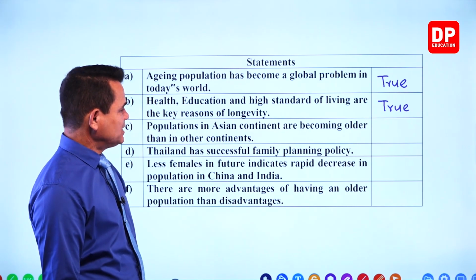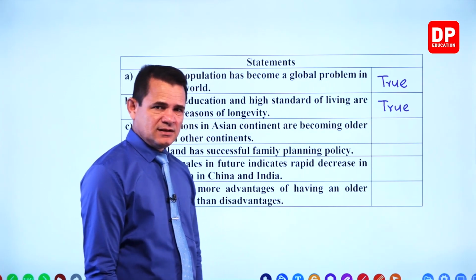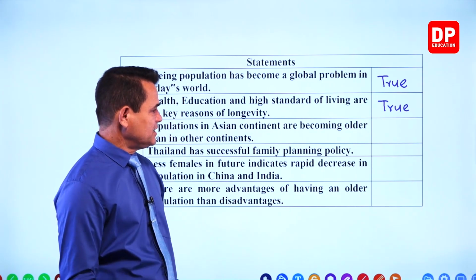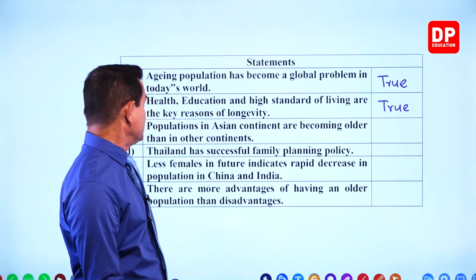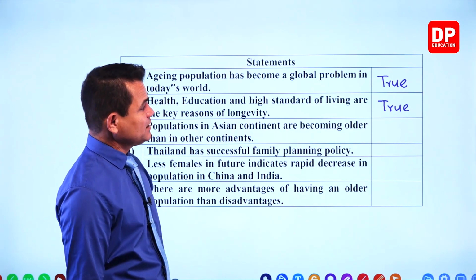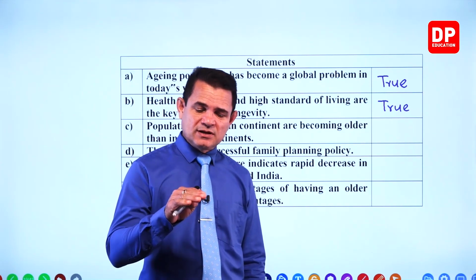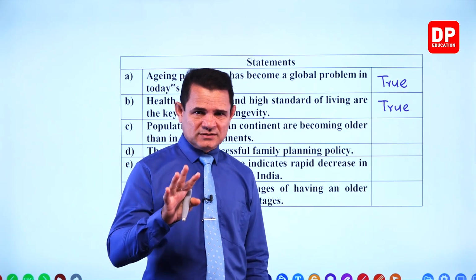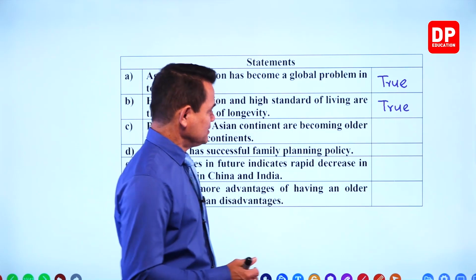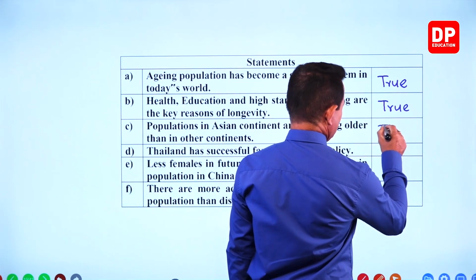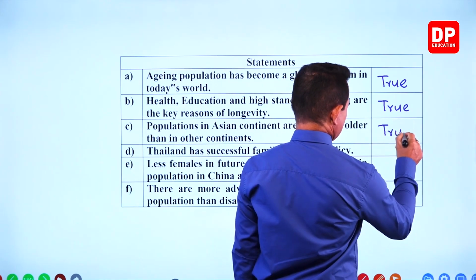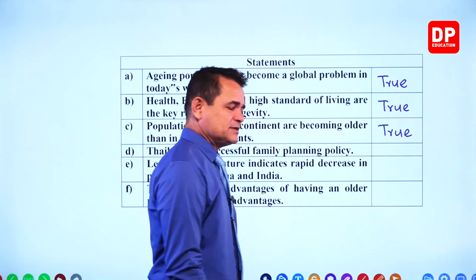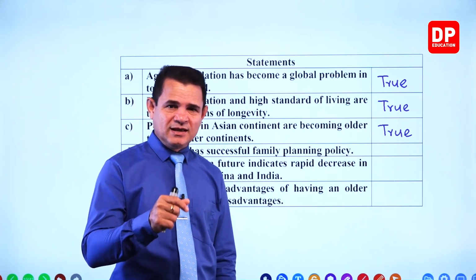Populations in the Asian continent are becoming older than in other countries. Every fifth person will be over 60. That's true.